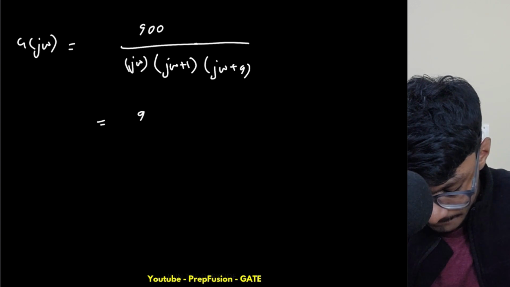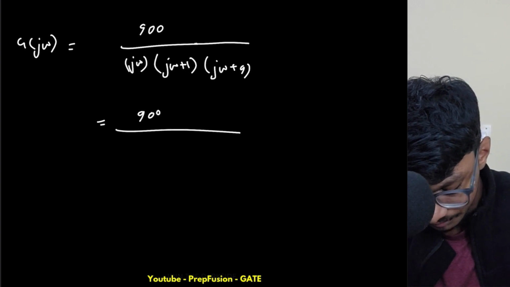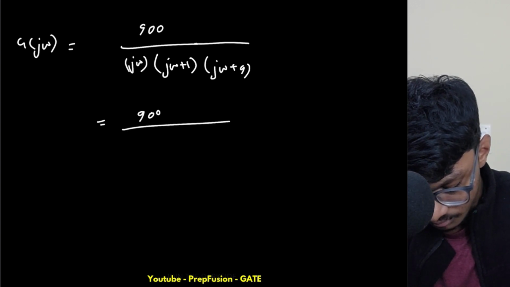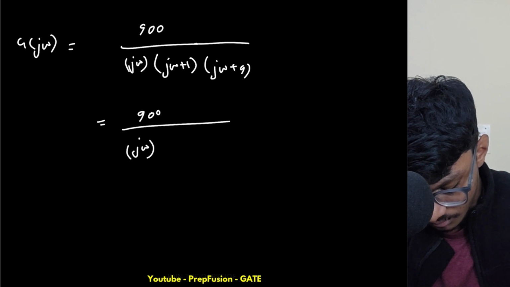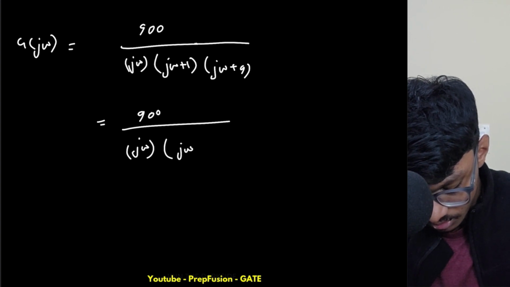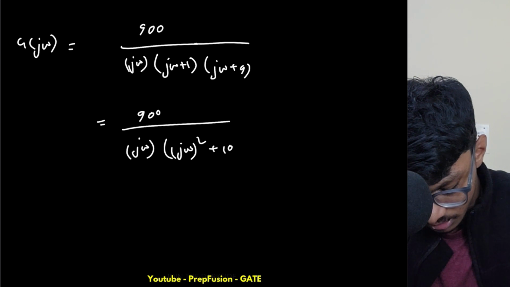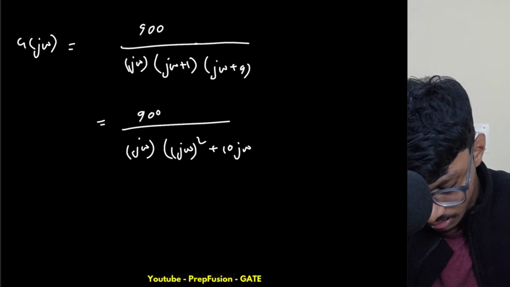Okay, so this will be 900 upon j omega into j omega whole square plus 10 j omega plus 9.